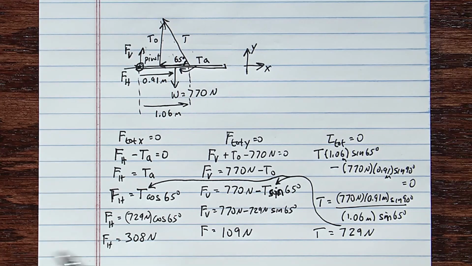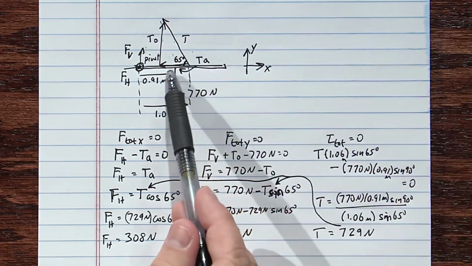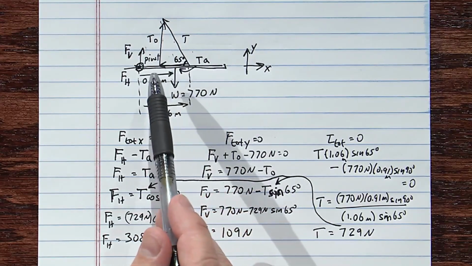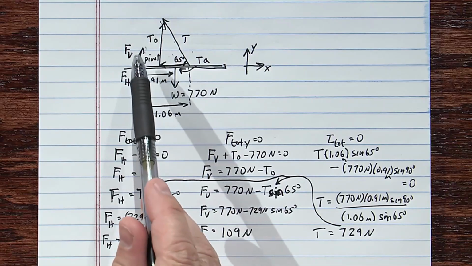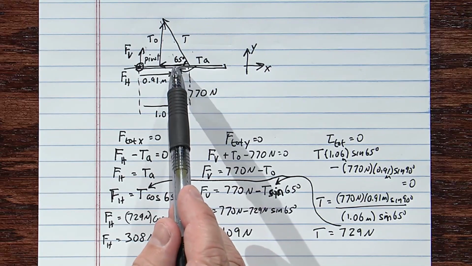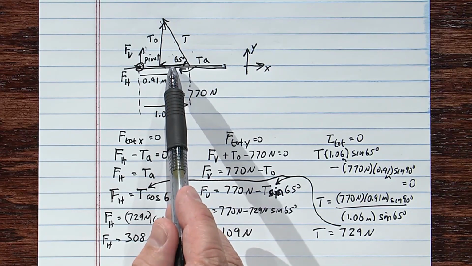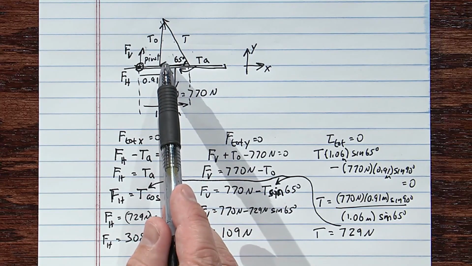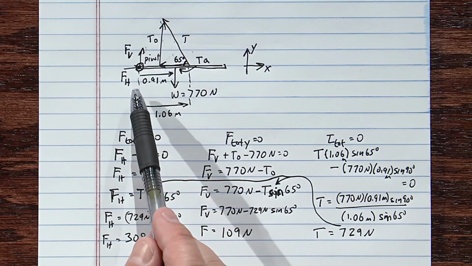We'll just review what we did here. We drew our climber. We drew in the forces that were on our climber, the horizontal force, the vertical force, the weight, which we applied at his center of gravity, and the tension, which we broke up into X and Y components.